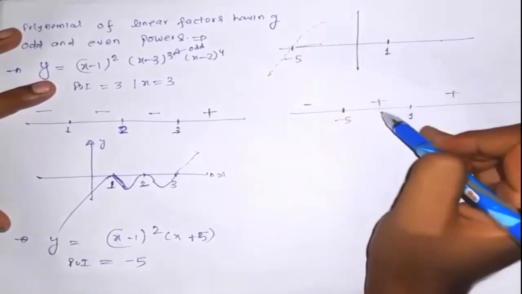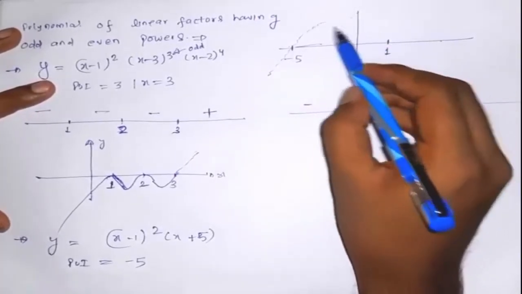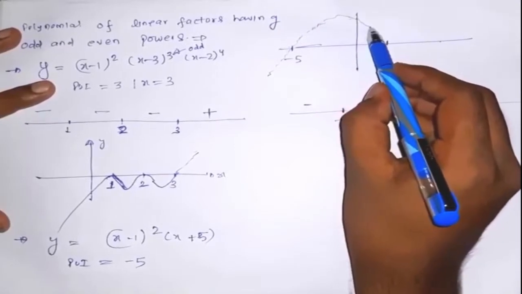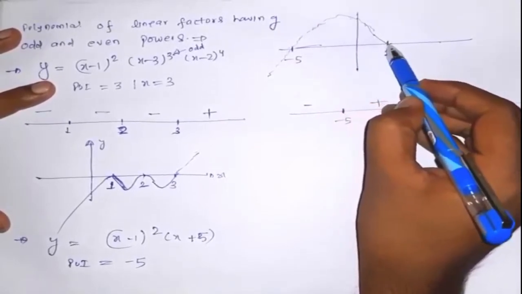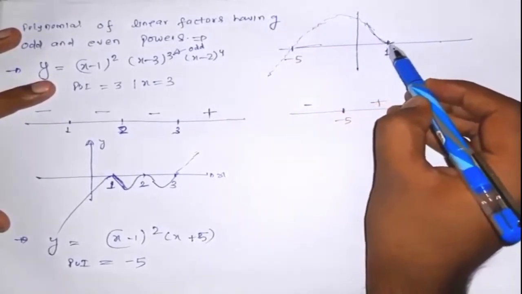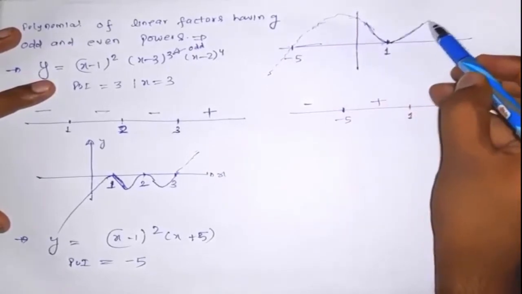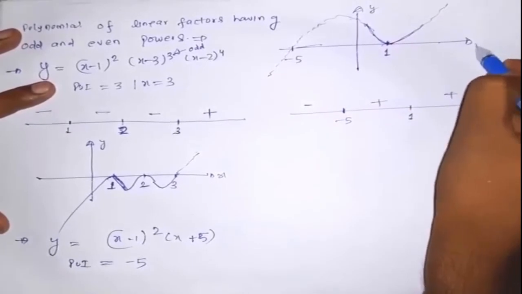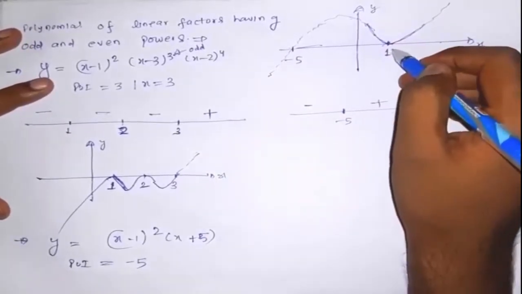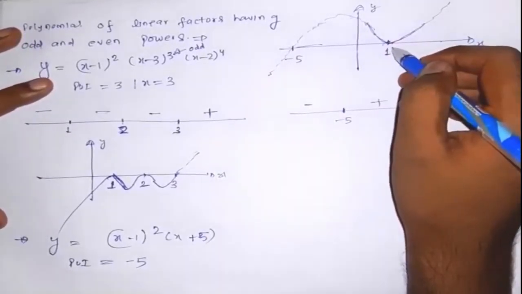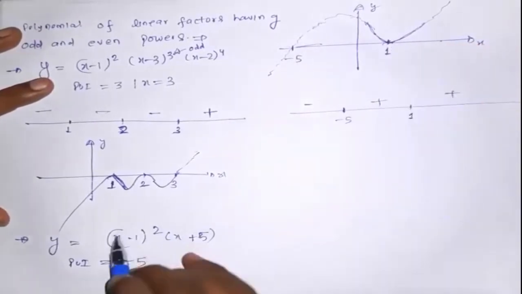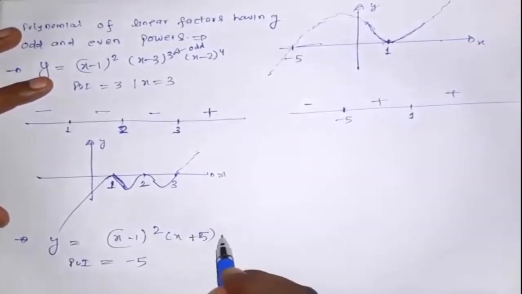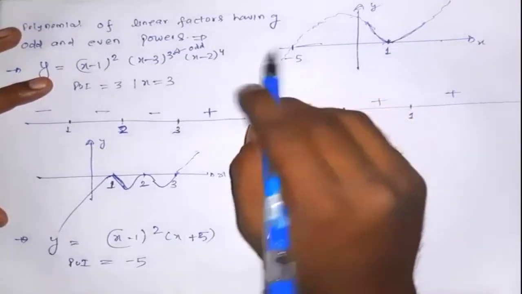So here negative, we will go like this. Then it will be positive. It will change its concavity and smoothly go like this, and it will go like this.